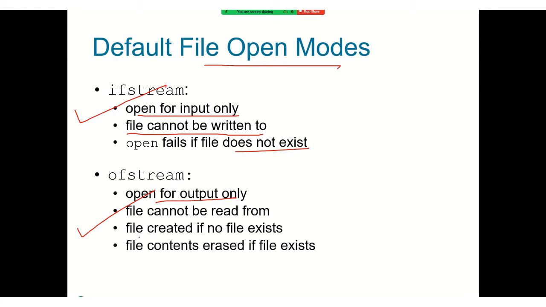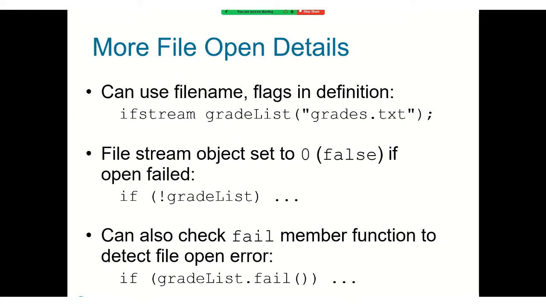And for ofstream, the file is created if it does not exist, and file contents are erased if the file exists. This is very important. The last one, it is deleted or truncated. We already have gone through this.